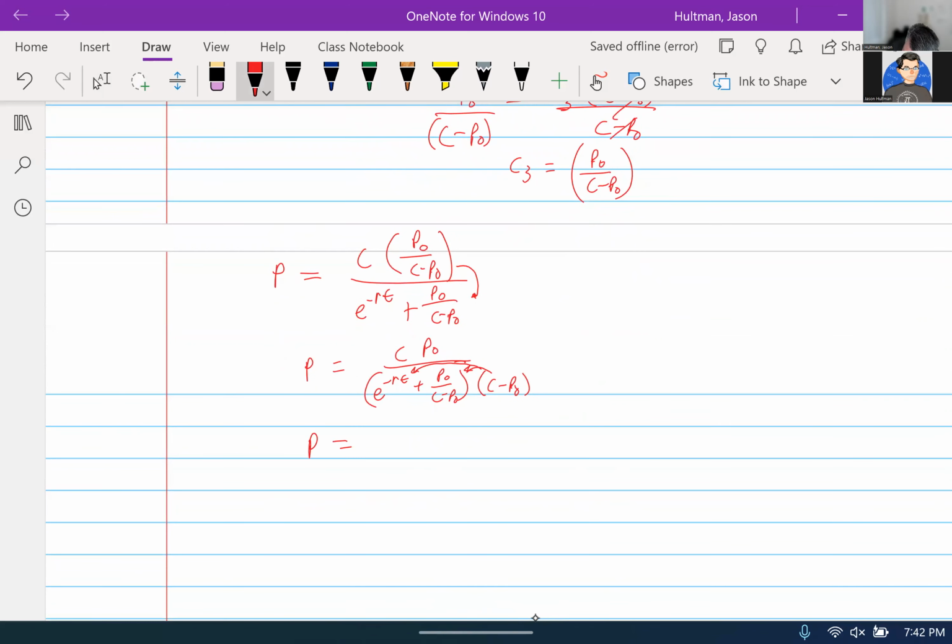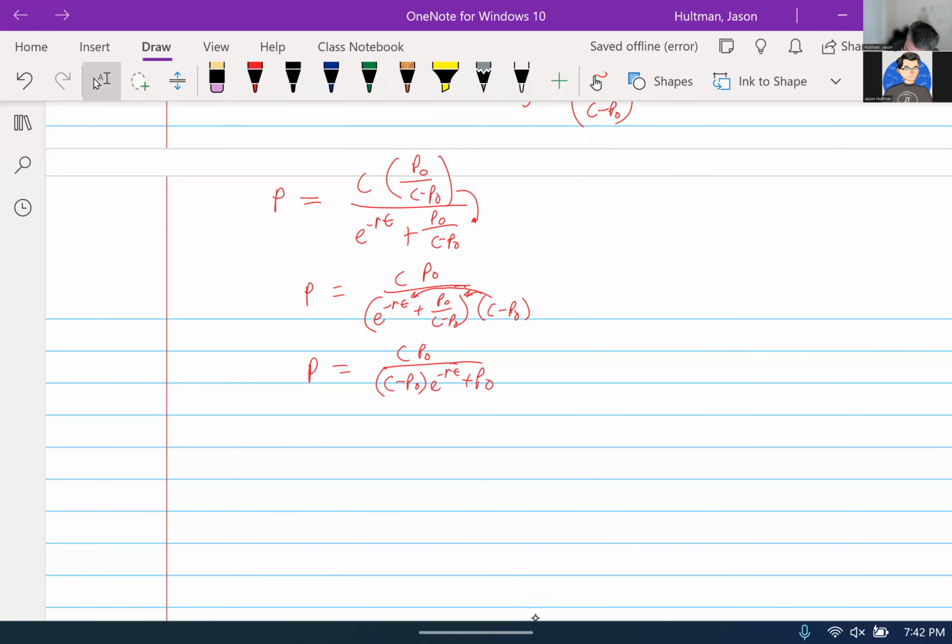Okay, so P is equal to C P naught over C minus P naught e to the negative RT plus P naught.